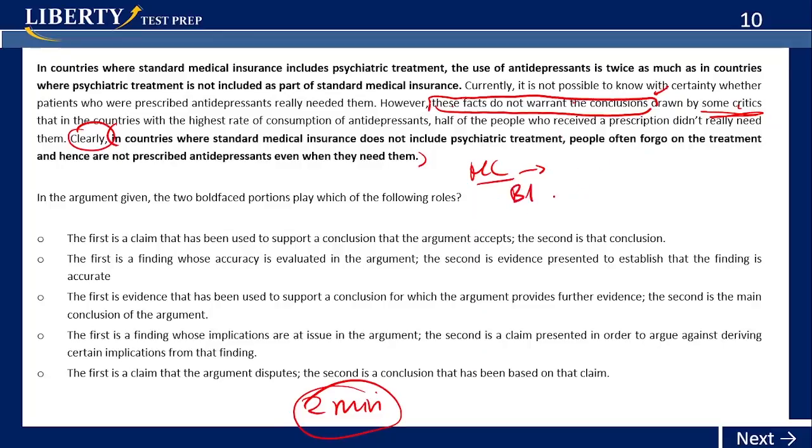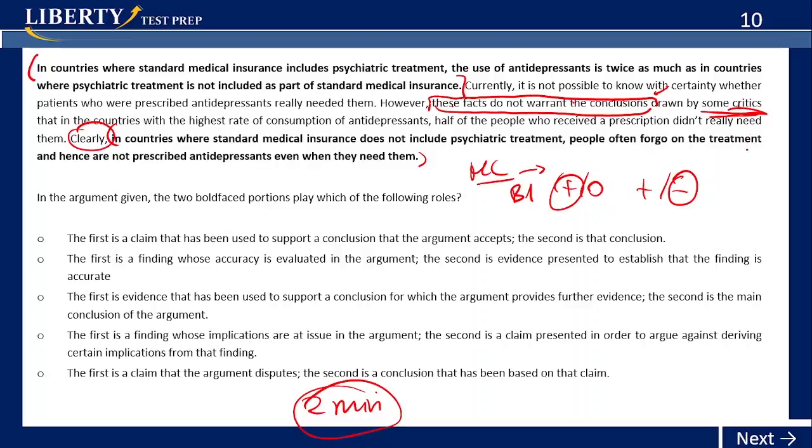Boldface number 1, fact or opinion. In countries where blah blah blah, the use of antidepressants is twice. That's data, right? Data usually is a fact. Now, is it positive or negative to the main conclusion? It's not totally negative, but it's not positive either. Why? Because it's being used by the critics. The critics are using this statement at the beginning and they are concluding something because of it.